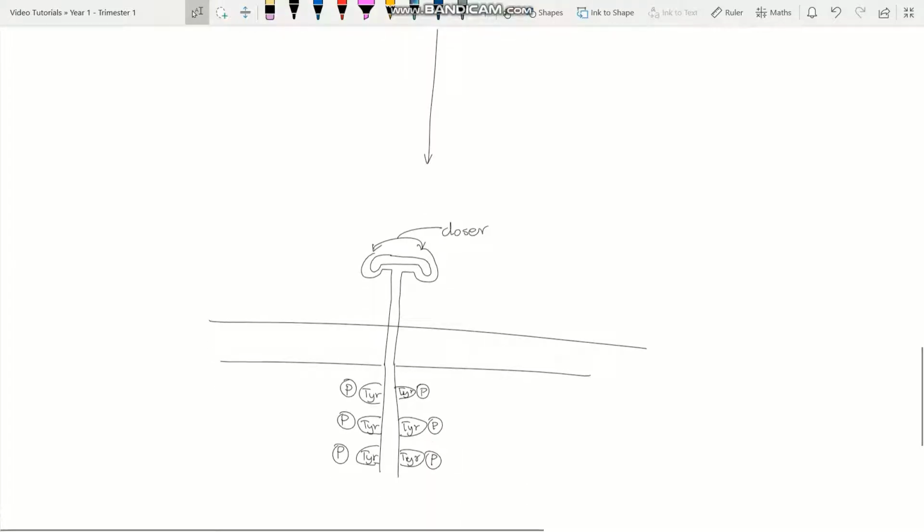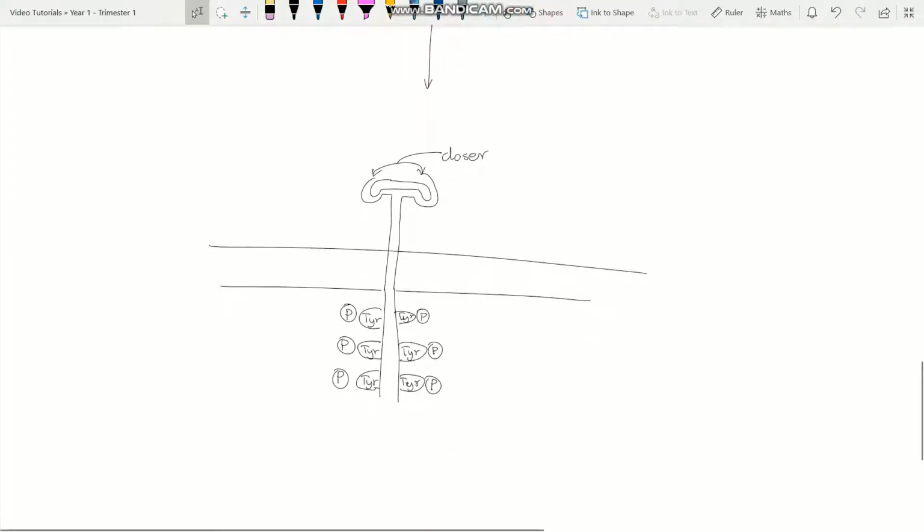So firstly, an enzyme that has the complementary shape to the particular phosphate group can directly bind to it, as so, and then it can have its particular cellular response.